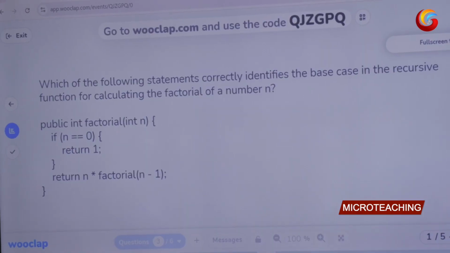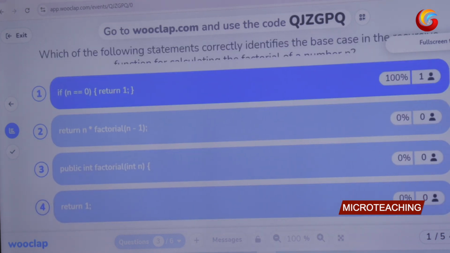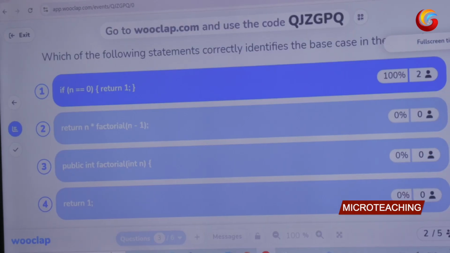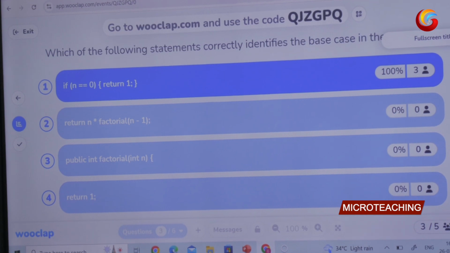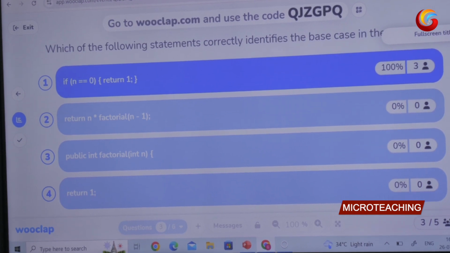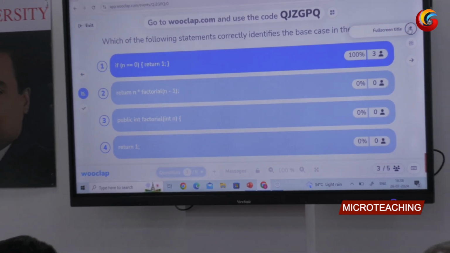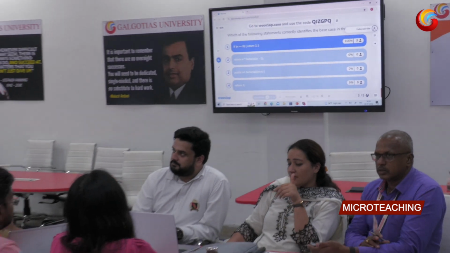You have to identify the base case, meaning the stopping condition. Okay, time is up. Everyone participated, and your answer is correct, because the stopping condition here is when n is 0, you have to return 1. Now participate in the second question.